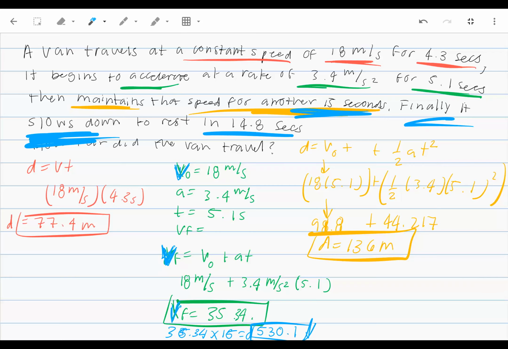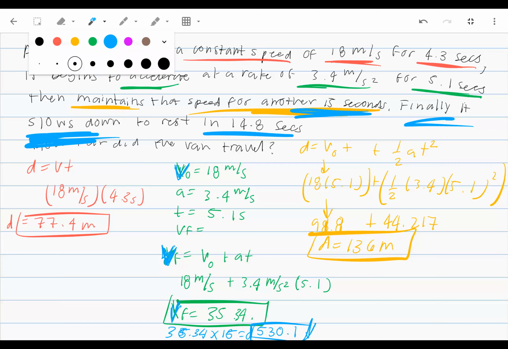So now for the part where it says the van slows down for a rest in 14.8 seconds. Again, let's write down our velocities. So here is where a graph can help, because you take your initial points based off your last point.